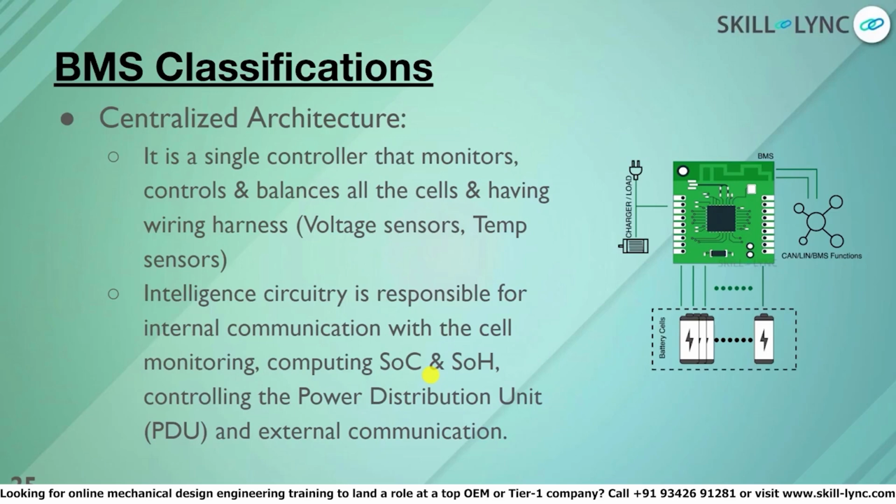At the same time, it also has temperature sensors where it can monitor the temperature of the modules and take the appropriate actions by the BMS itself. So this is what the centralized architecture is. Everything is done by a single board, and it also has a power distribution unit, where the power cables coming from the module are connected to the power distribution unit, and from there it goes to the connector, the positive side and the negative side.